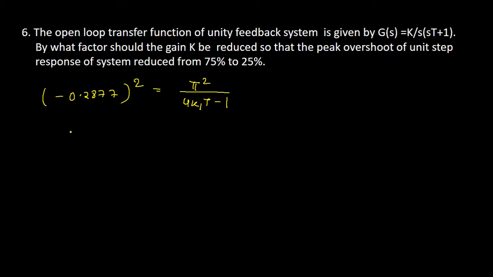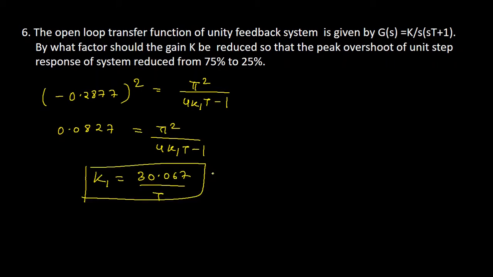When we square this, we will get 0.0827 = π² divided by (4K1T − 1). After solving this equation, we will get K1 = 30.067 divided by T. Let this be equation number x.